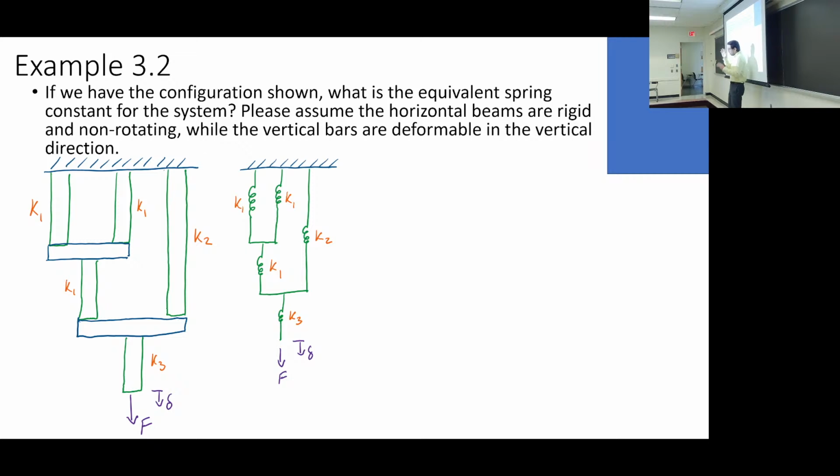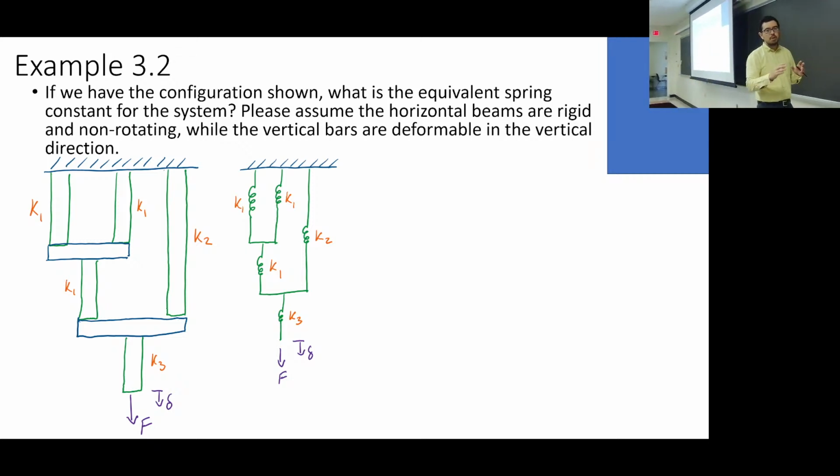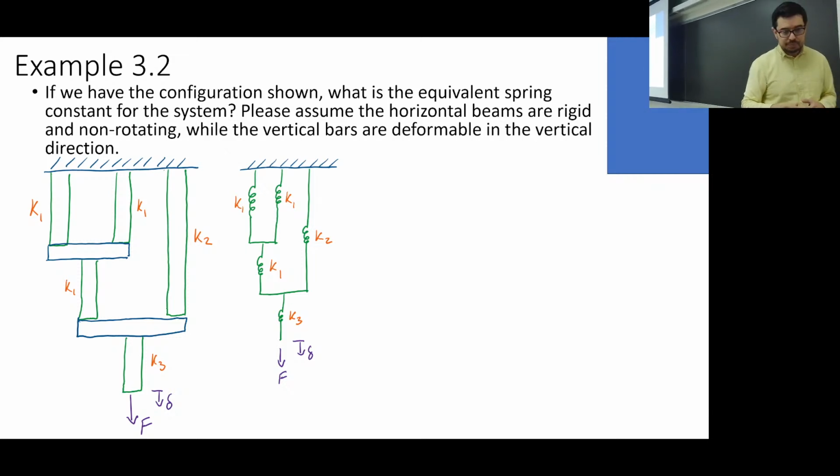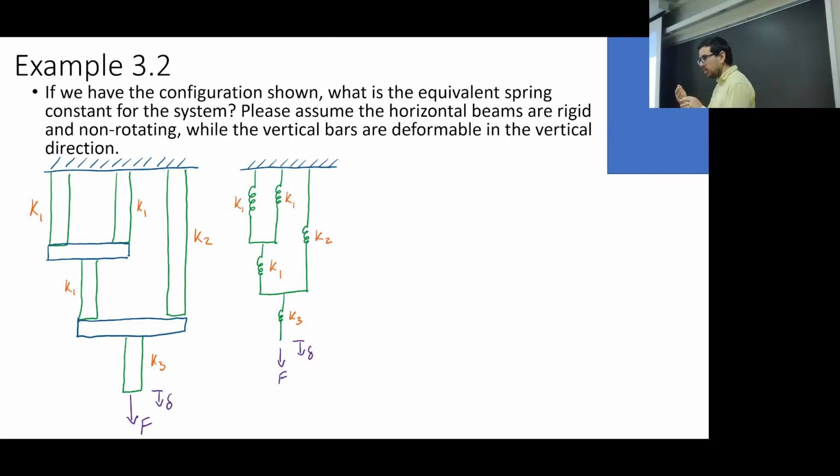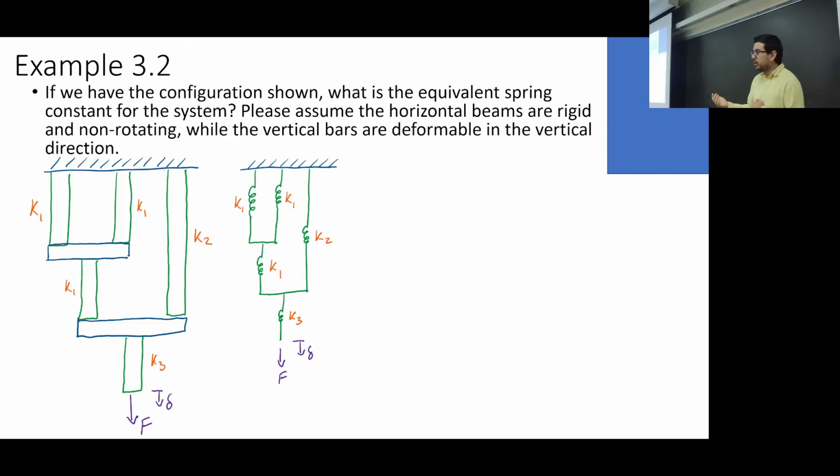So you want to work systematically through these types of problems, creating effective spring constants for the simple parallel systems or the simple series systems that can then combine. What's the next thing?